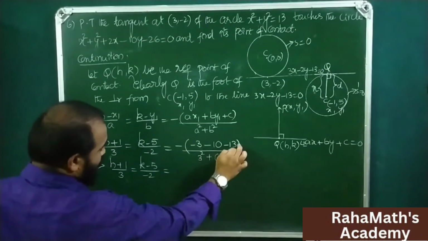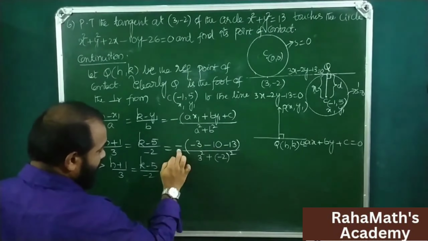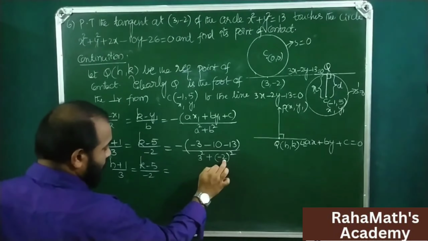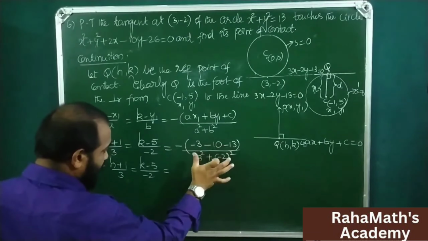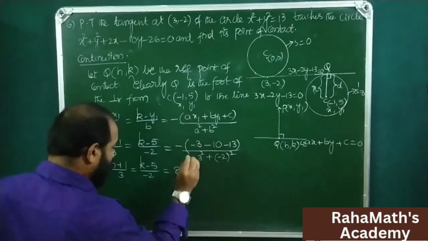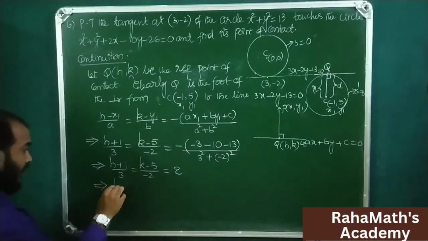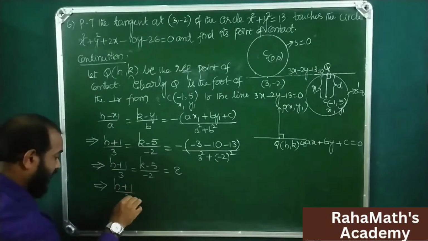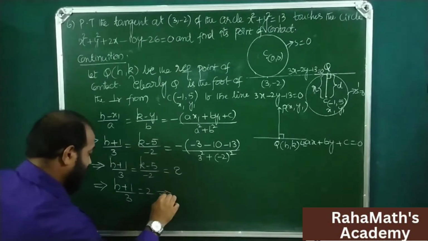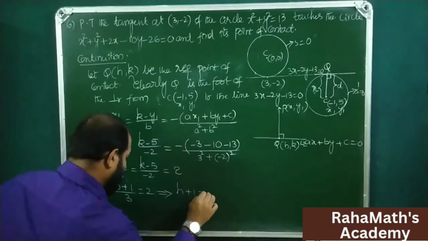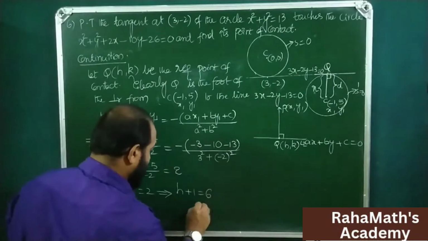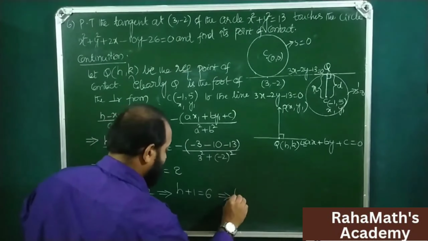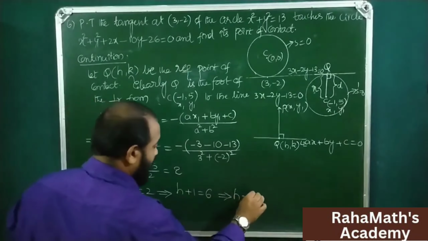This is minus of minus 26, so plus 26 by 13, which equals 2. So (h + 1)/3 = 2, so h + 1 = 6, therefore h = 5.